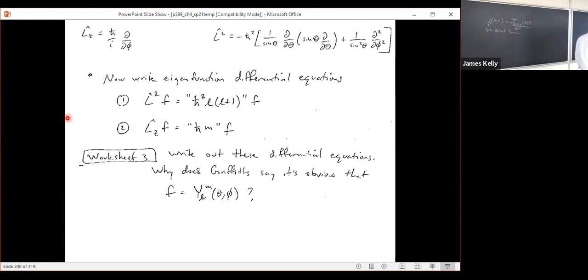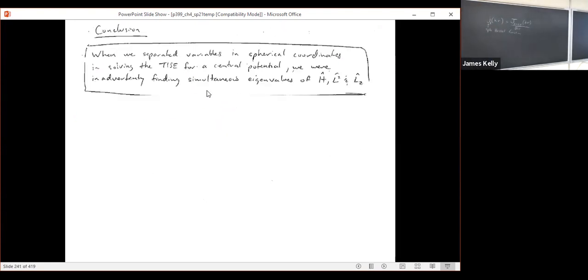One way to think about it is that when we separated variables in spherical coordinates to solve the time-independent Schrodinger equation, we inadvertently, without realizing what we were doing, found, of course, we knew we were finding eigenvalues of H because we were solving the time-independent Schrodinger equation, but we didn't realize that we're also finding simultaneous eigenvalues of L squared and LZ, but now we've just shown that by getting the differential equations that correspond to those operators and writing down their eigenvalue equations.